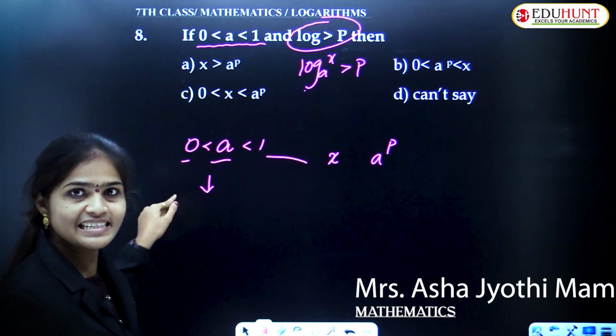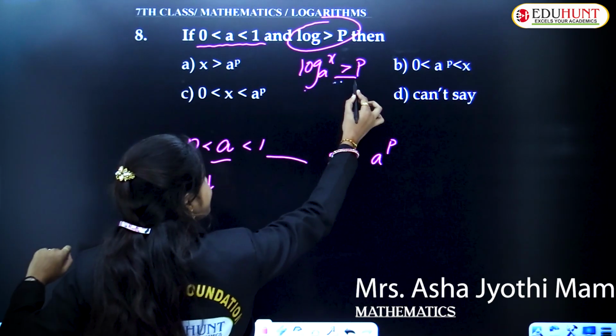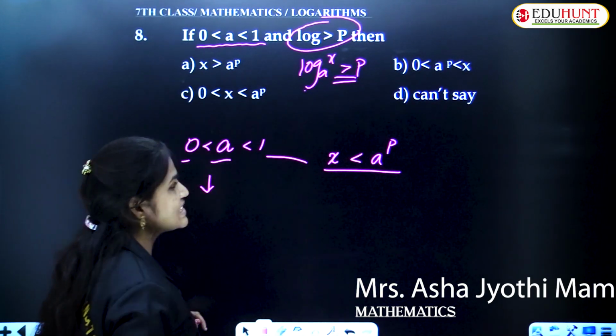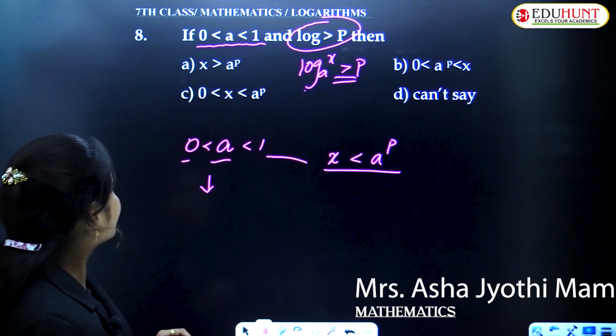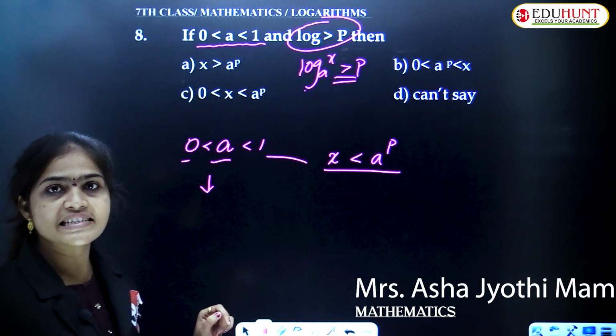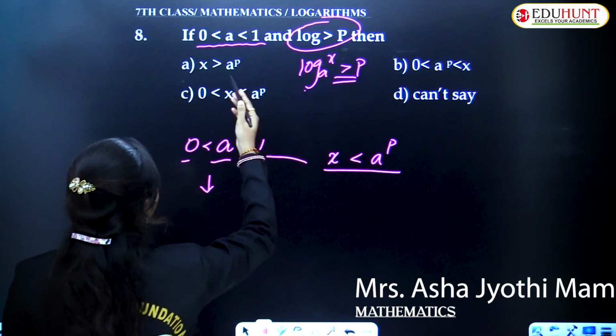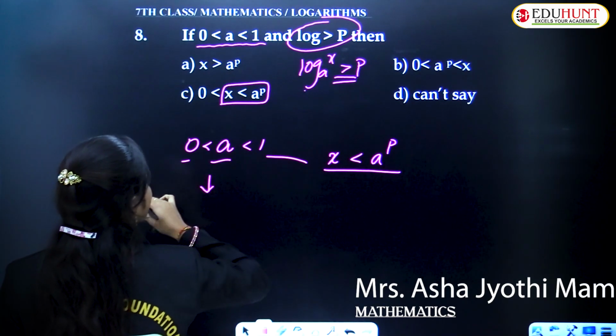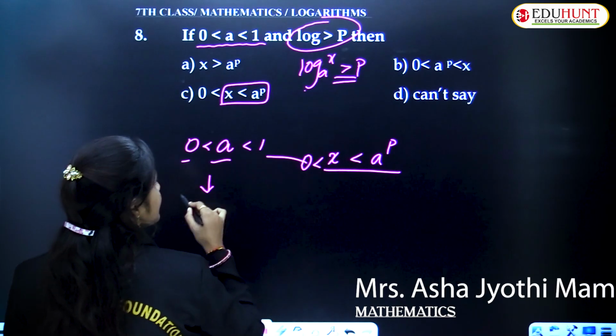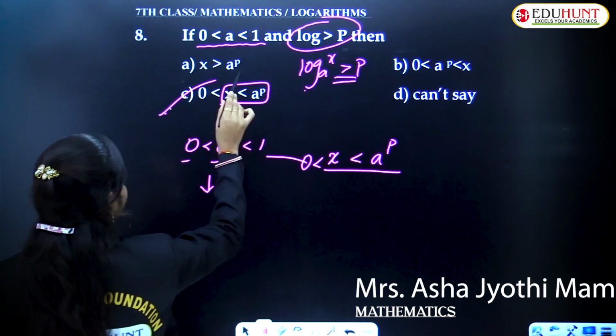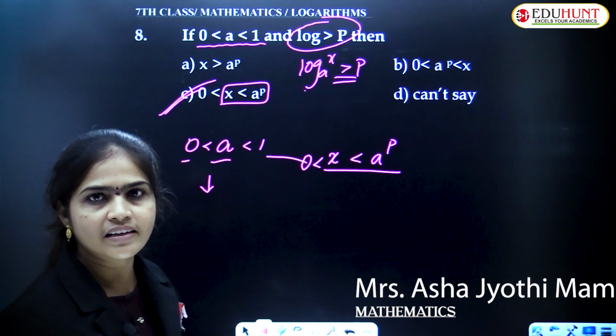But here this is a decreasing function, and the greater than symbol is there, so we will get the less than symbol. So x is less than a power p, and we can apply 0 is less than x less than a power p. So option C is correct here.